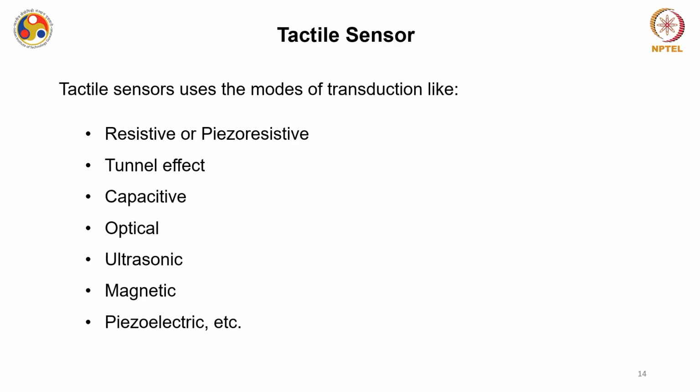Then other kinds of transduction techniques are available, like capacitive, optical, ultrasonic, piezoelectric, magnetic, etc. Based on all these transduction principles, we have seen one or more sensors in our previous modules, so it will be very easy for us to understand how tactile sensors can be built using the same transduction techniques on which other sensors have been fabricated.